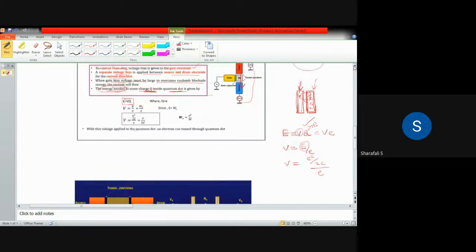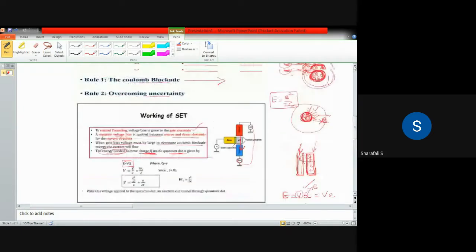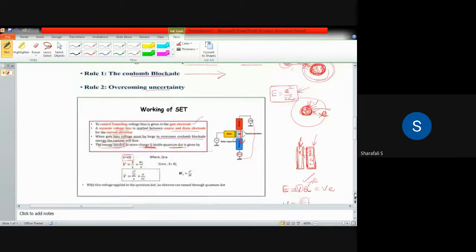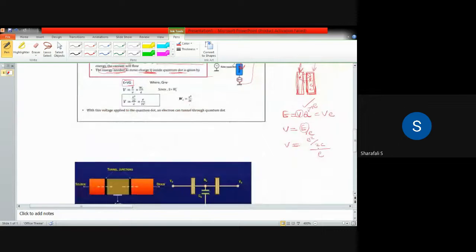So this is the Coulomb blockade energy. E equal to E square by 2c is the Coulomb blockade energy. And so we get E square by 2c by E as the potential. From that we can say this is E by 2c. This C is capacitance.